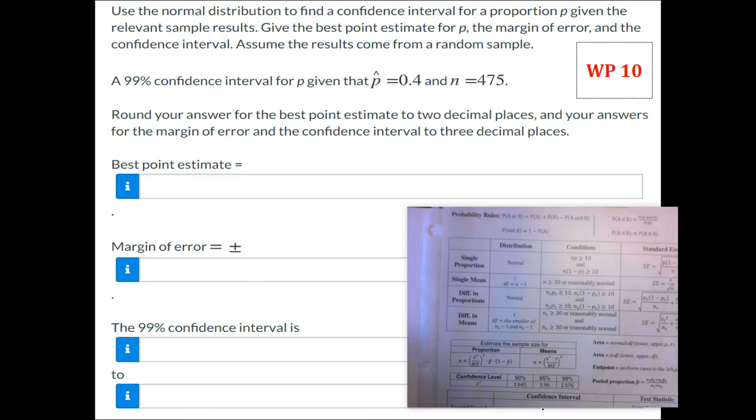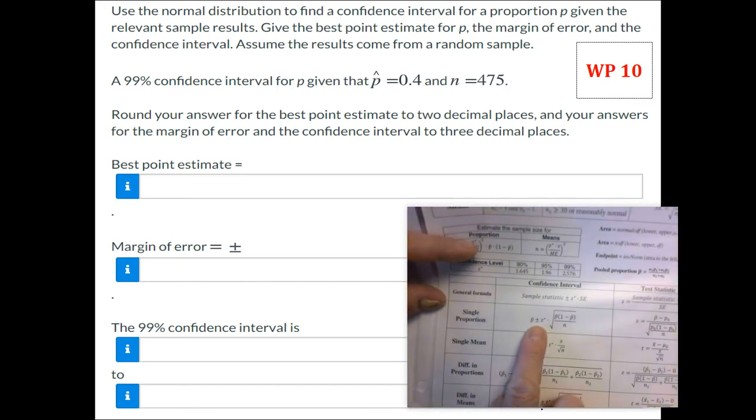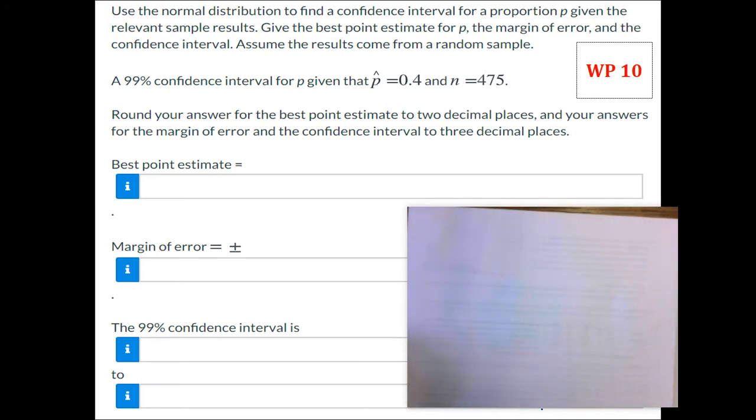We're going to be using our formula, and our formula is going to come from right here. Single proportion confidence interval: P hat plus or minus Z star times the root of, we know this to be our standard error now. Okay, so I'm going to move that off to the side. I need to first of all recognize what the best point estimate is. The best point estimate, remember, was the value that I was given in the problem, and that was 0.4.